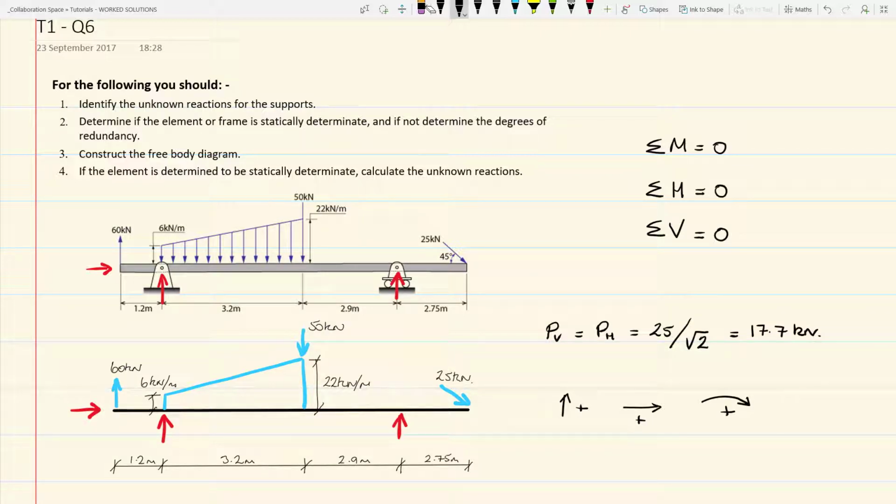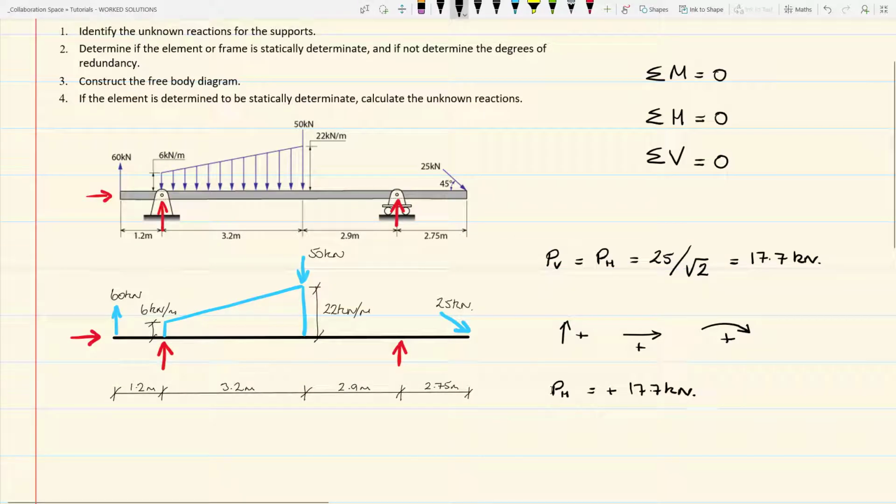So we can say that pH, the horizontal action associated with the inclined point load, is positive 17.7 kilonewtons.